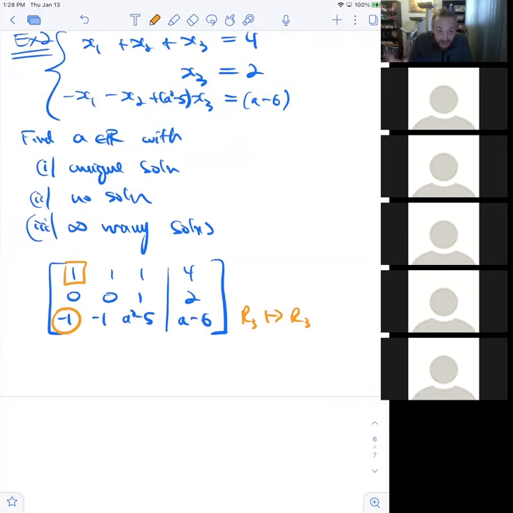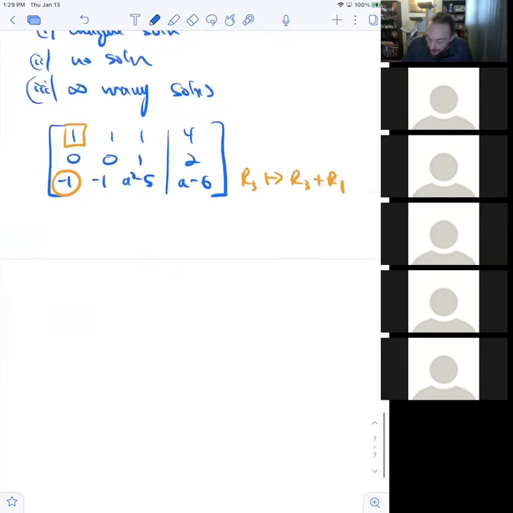And once you're dividing by your variable, this is when I'm going to get conditions, because you don't want to divide by 0, but you want to get to REF. So I'm trying to carefully use the third row operation, which is the safest, to manipulate. And so I'm going to do row 3 plus row 1, and that will give me an equivalent system and get me closer to REF. And then we'll see what happens.